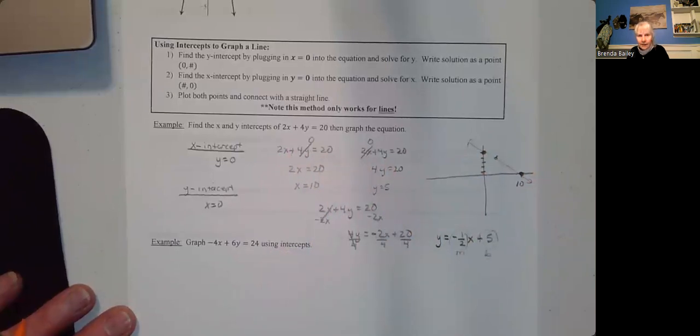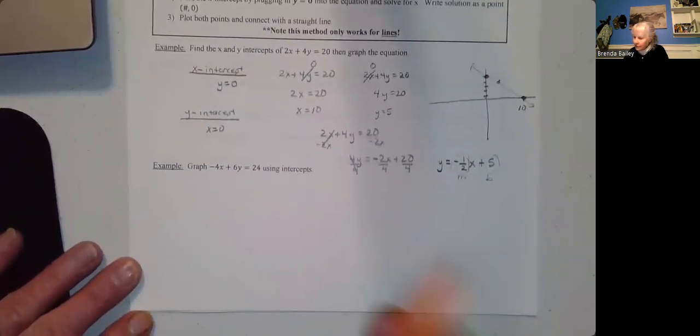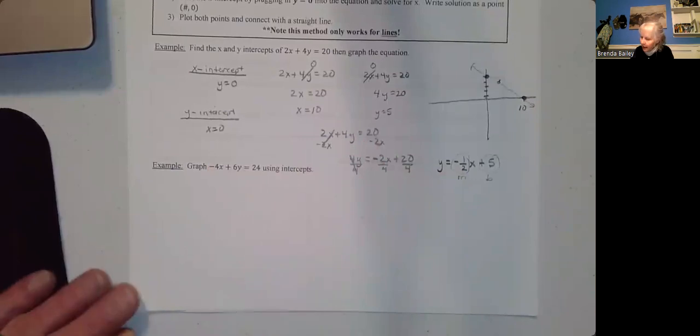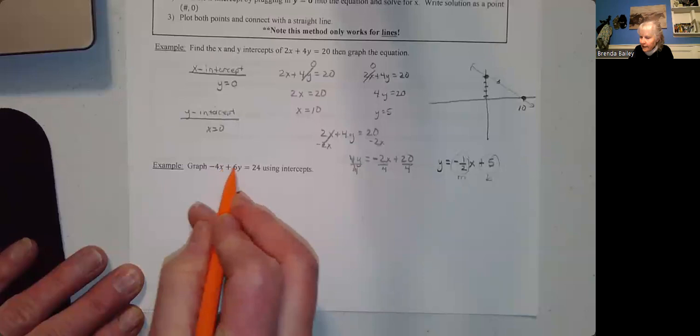Okay. All right. Let's look at this next example. I'm not going to do this method. I'm just going to do using the intercepts. So again, to find out where it hits the x-axis, y is 0. So that term drops out.